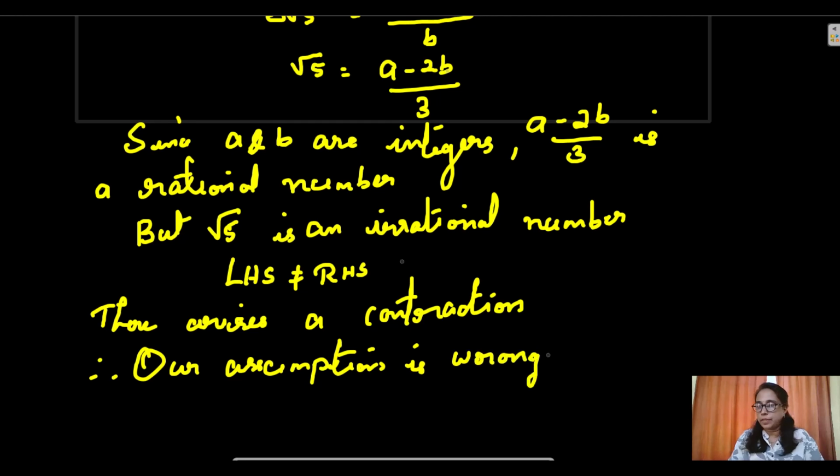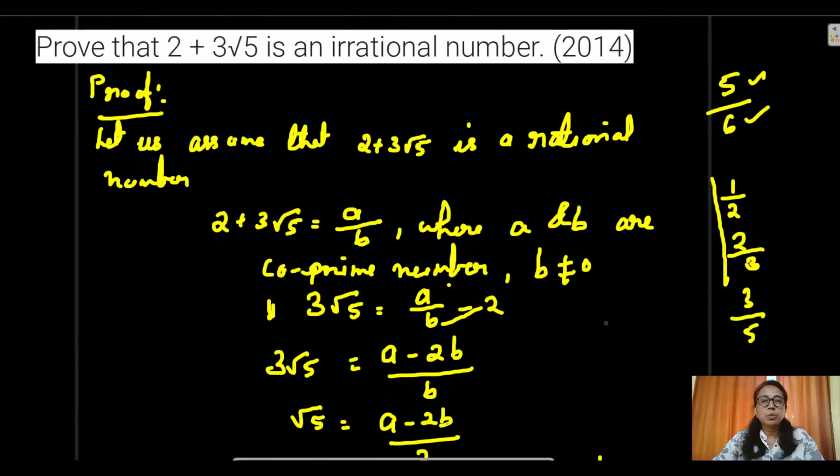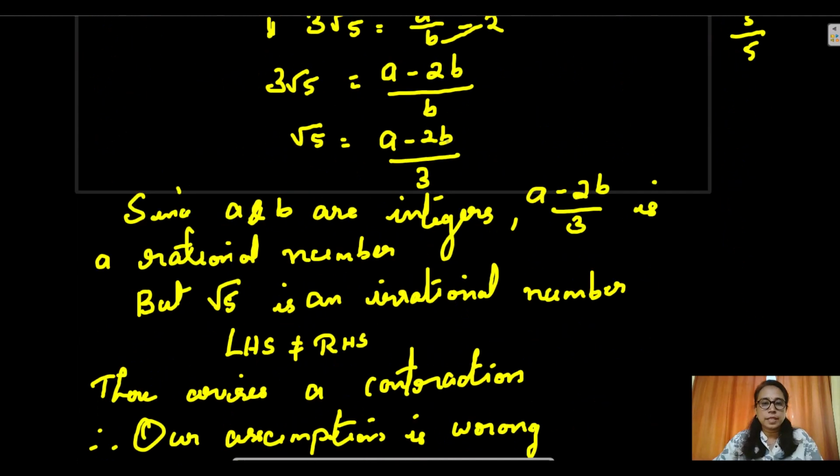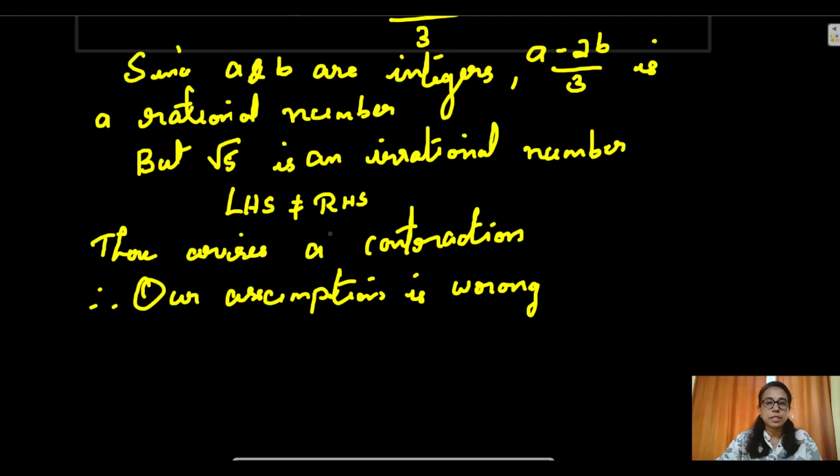What we have assumed right from the beginning. I'll take it: 2 plus 3 root 5 is a rational number. That was our assumption, right? Now here LHS is not equal to RHS. LHS and RHS are actually different. So our assumption is wrong.